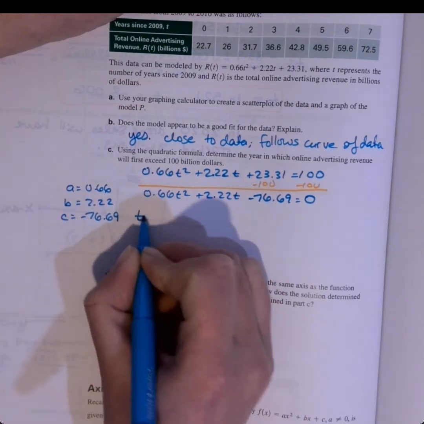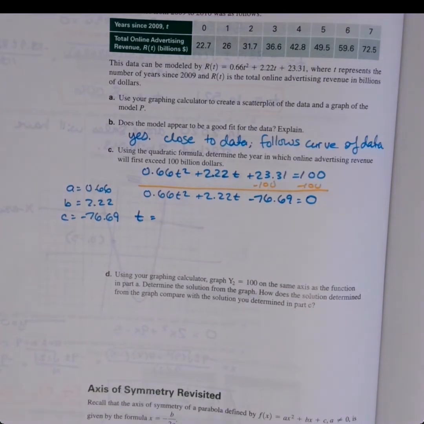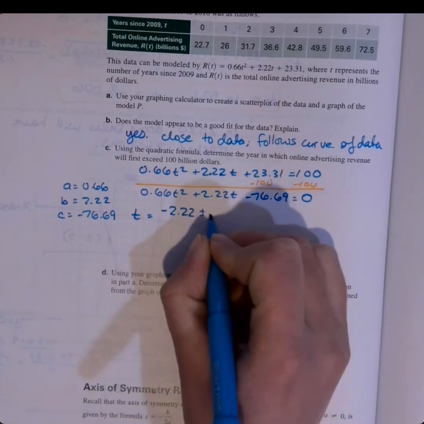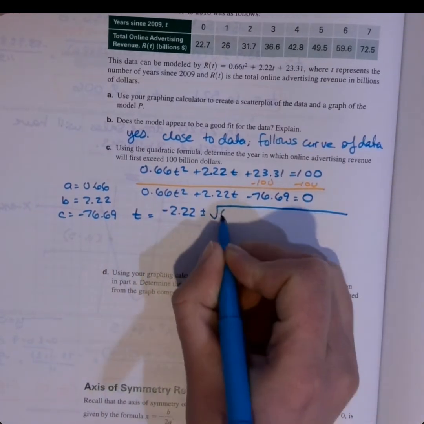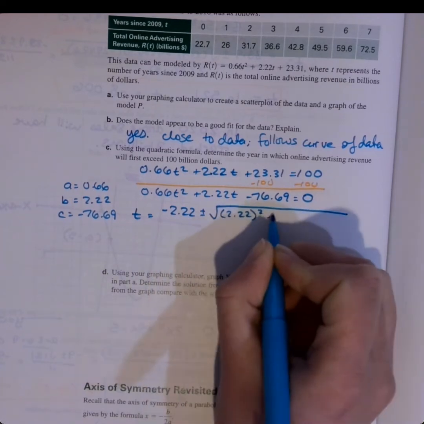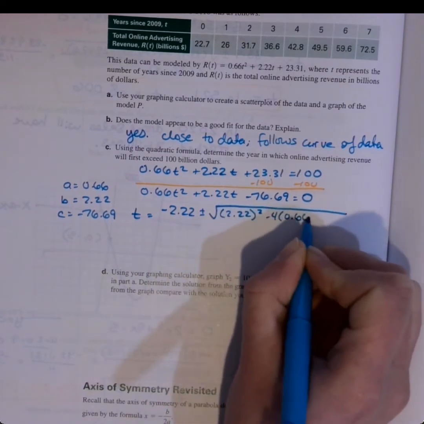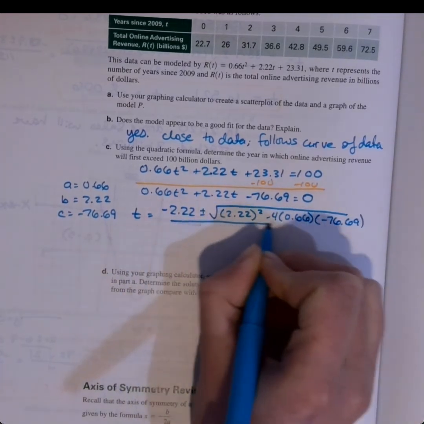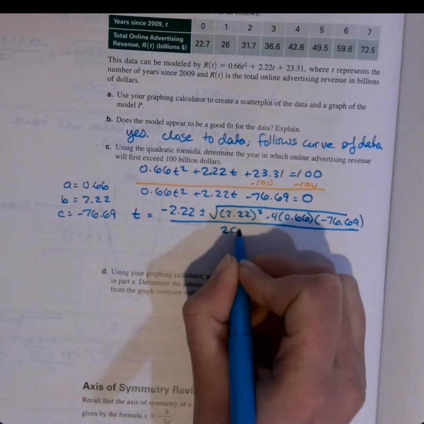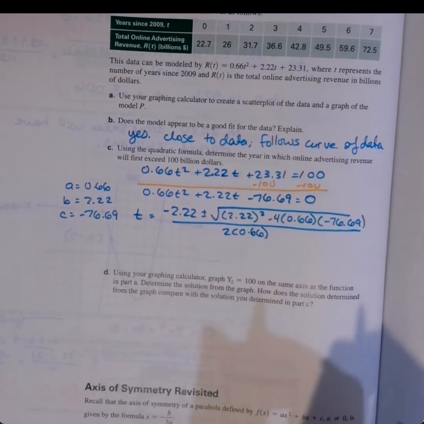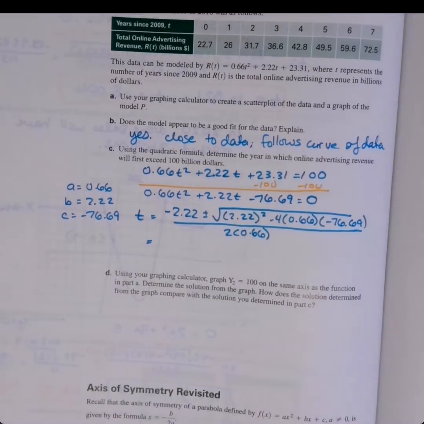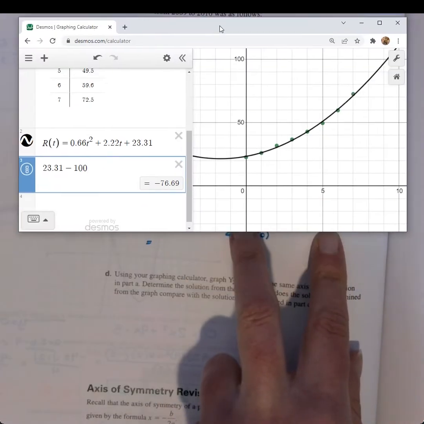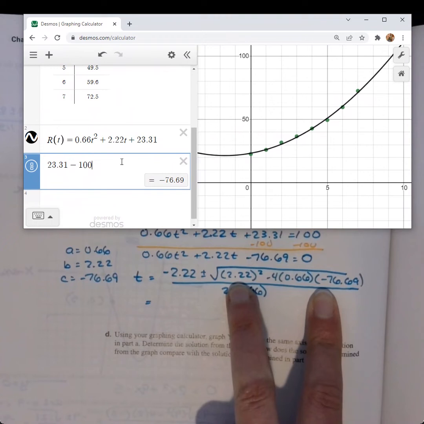So into the quadratic formula, our input, which is t, is going to be equal to negative b, negative 2.22 plus or minus the square root of b squared, 2.22 squared, minus 4 times a, 0.66, times c, negative 76.69, divided by 2 times a, 0.66. All right. Now, because this is decimals again, there's no point simplifying the radical and getting the square root of the number under the radical because we know our answer is going to end up in a decimal place anyway.